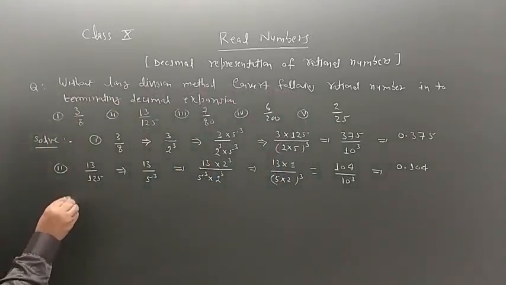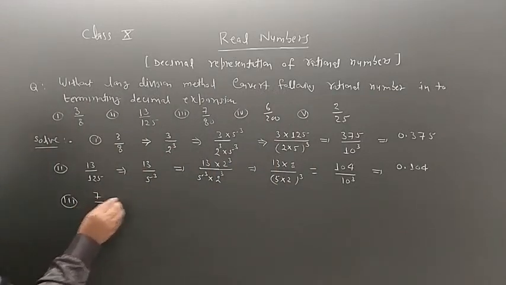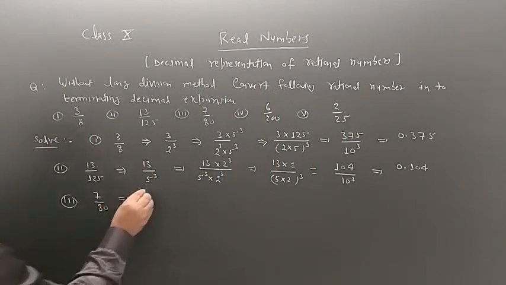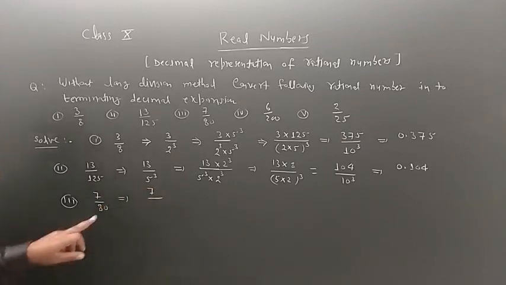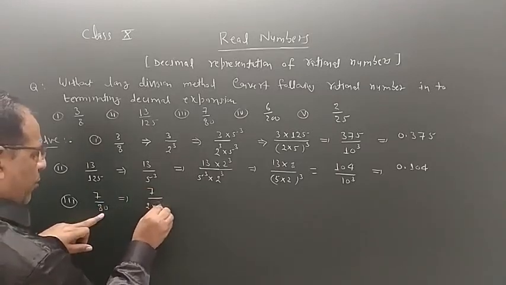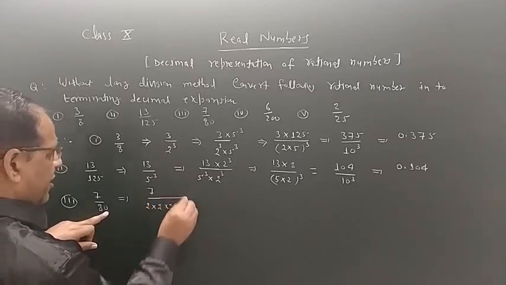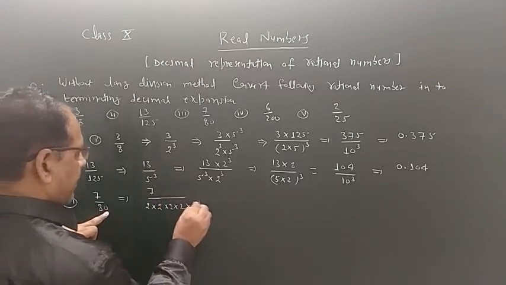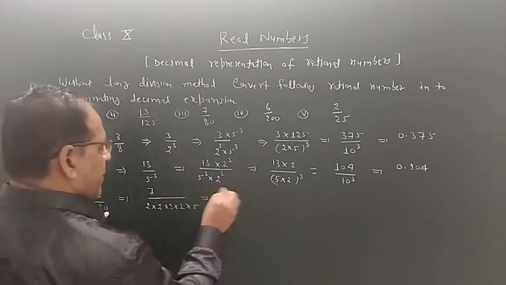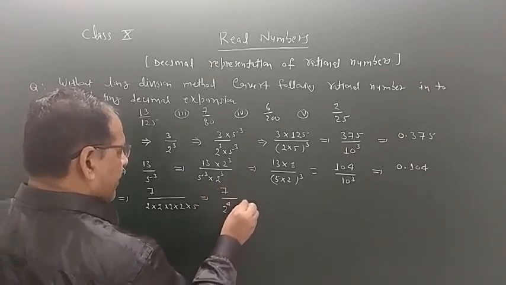The third part of the question is 7 upon 80. 7 upon 80 can be written as 7 upon 2 to the power 4 into 5 to the power 1.